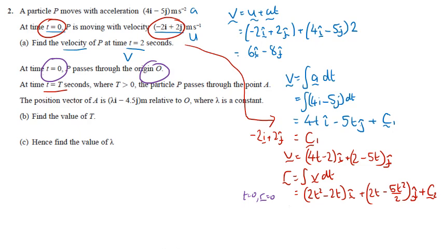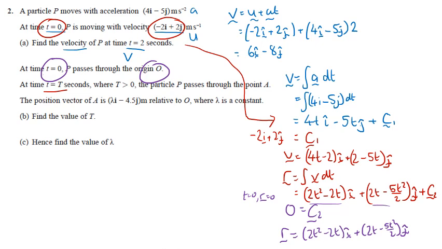So we're going to use that in here now. So 0 is equal to, and again, these terms all vanish because they all depend on t. So you just get that this second constant is equal to 0. So r is equal to (2t squared minus 2t) i plus (2t minus 5t squared over 2) j.